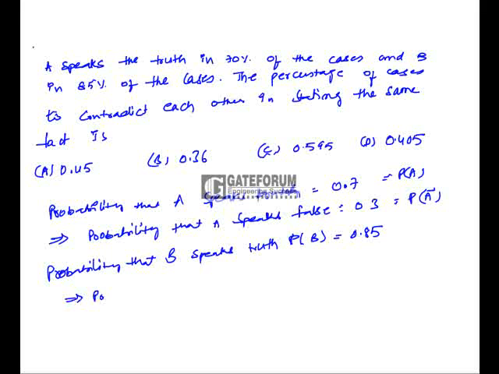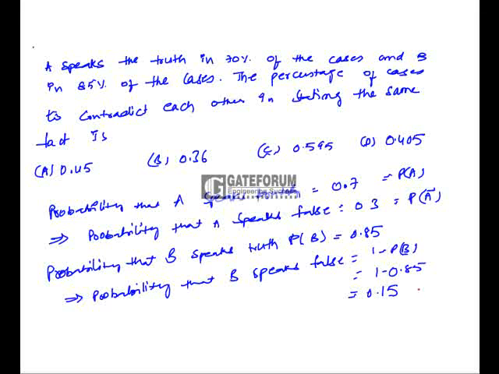That implies probability that B speaks false is equal to 1 minus P of B, which is 1 minus 0.85, which is 0.15, and it is represented by P of B bar.